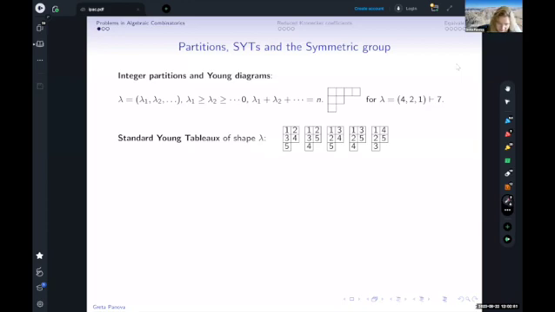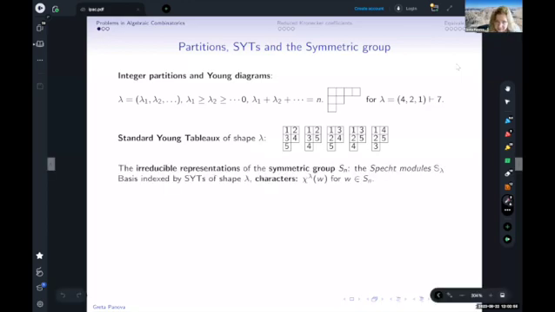And where do standard Young tableaux really come from? They come from the representation theory of the symmetric group. The irreducible representations of the symmetric group are indexed by the partition lambda of n and are called the Specht modules. The dimension of each Specht module is equal to the number of standard Young tableaux of this particular shape.